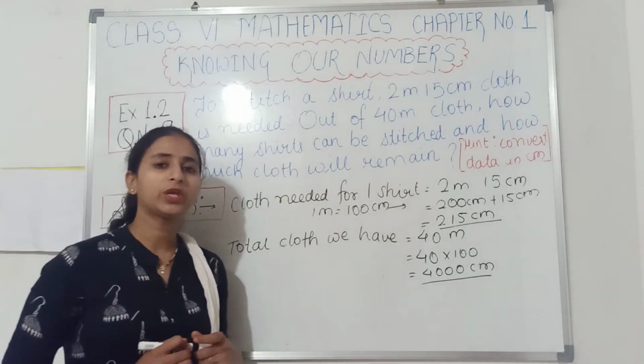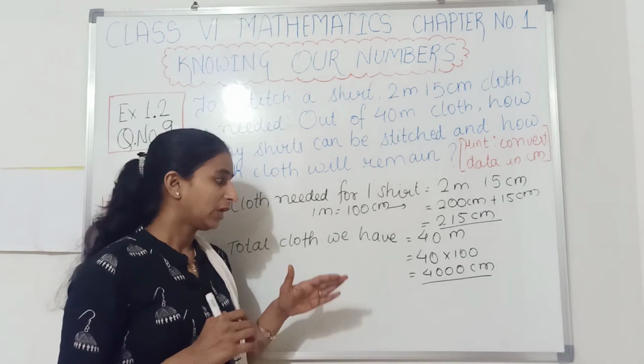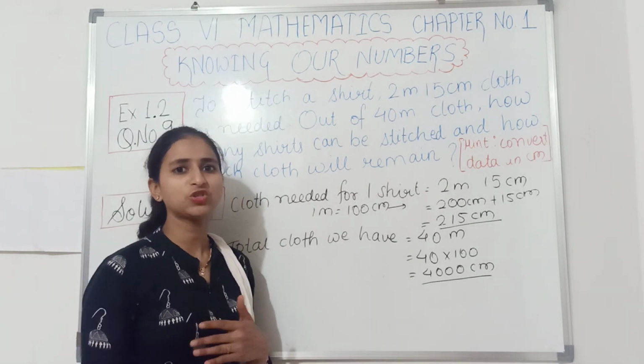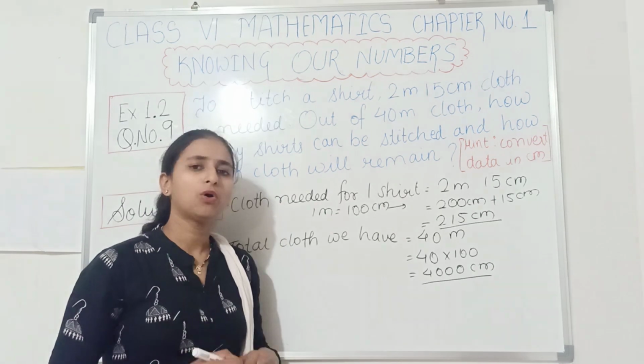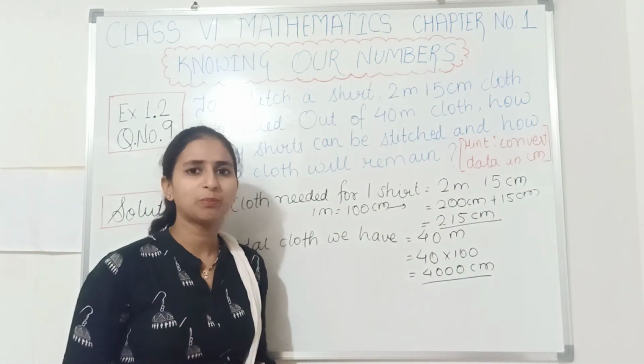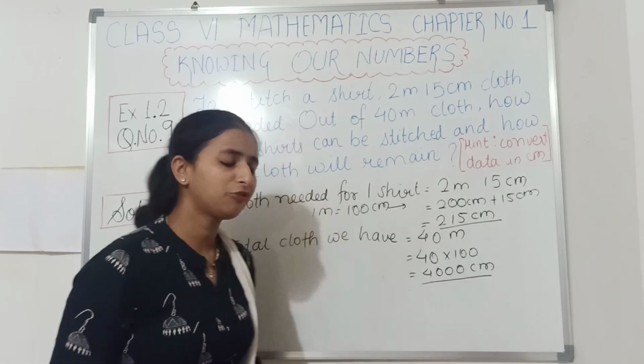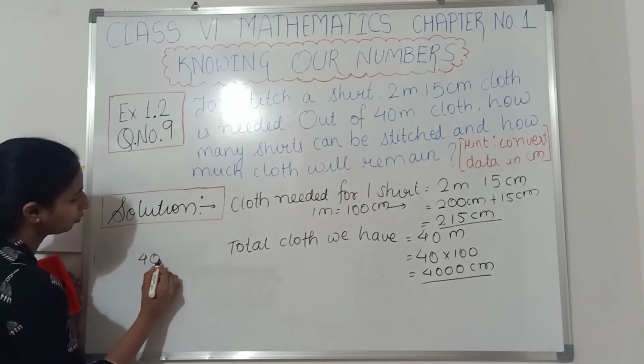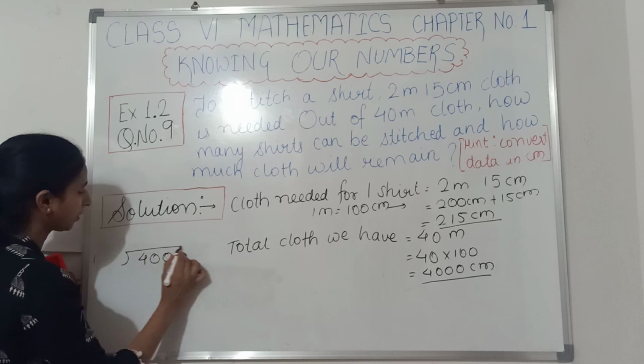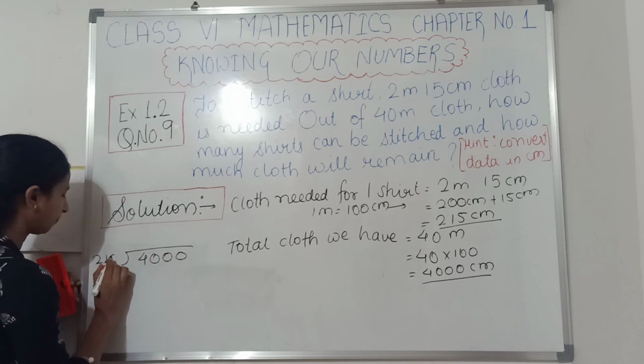So what I have to do here, if I want to find out in 4000 centimeter how many shirts I can stitch, I have to simply divide. So I have to divide 4000 by 215.